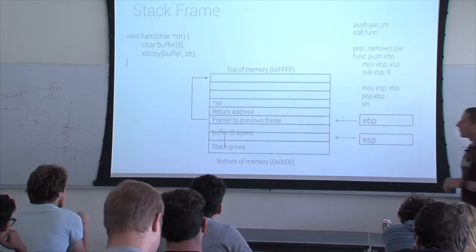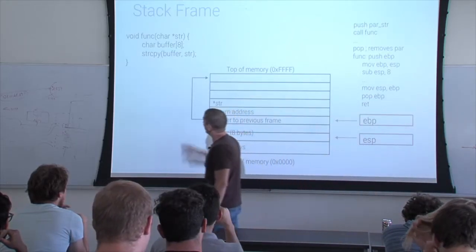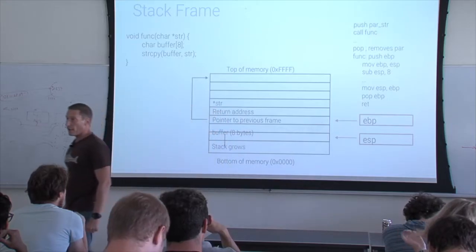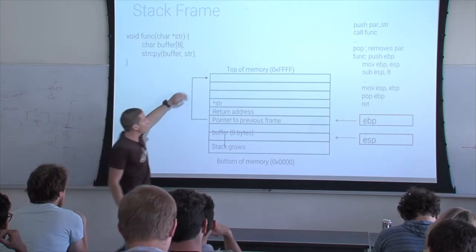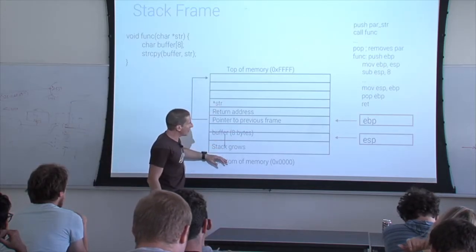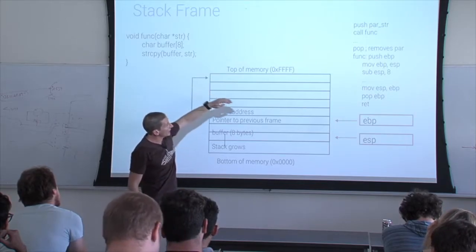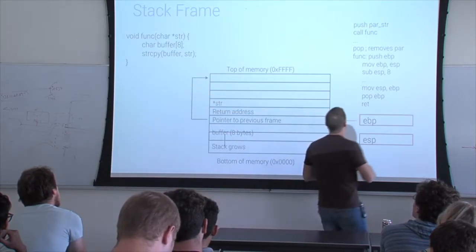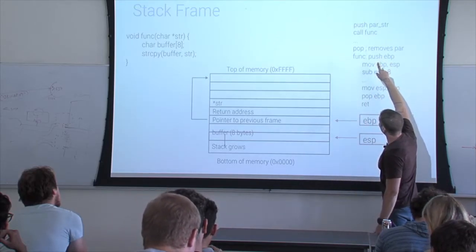So this is an example. You can see there is a function that takes as a parameter a string pointer, has a local buffer of 8 characters, and performs a copy. You can see this is the top of the memory, bottom of the memory, and there is the push of the parameter string and then the call to the function.